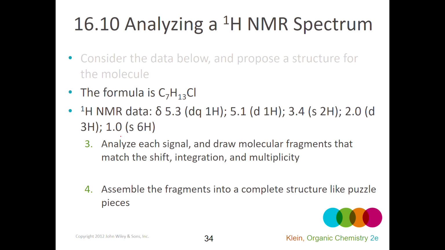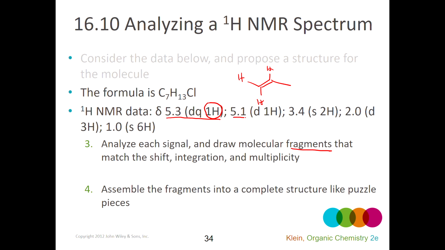And so the next couple steps involve analyzing the signals and trying to draw fragments that we can piece together like a puzzle. So what I'm seeing here is this hydrogen signal is indicating a hydrogen that's on a double bond. The double bond has up to 4 possible hydrogens, or really 3 if it's going to be connected to the rest of the structure. But what I see here is the integration is 1.